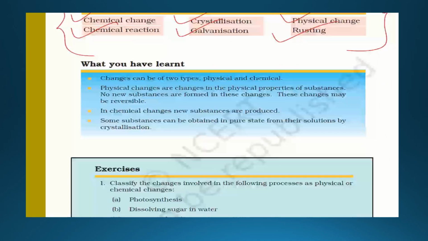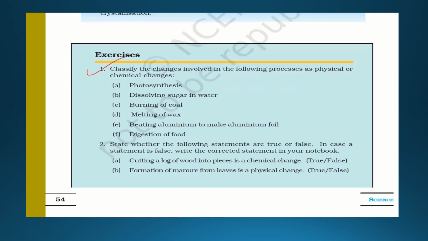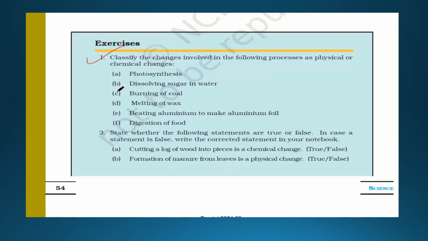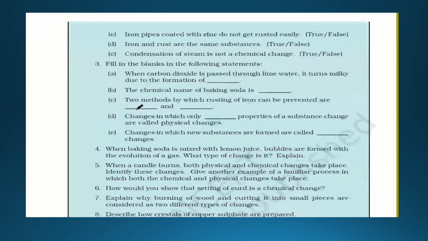So you just need to do these exercises, or whatever exercises you have in your textbook. If you want to do these exercises, pause the video, go through the first page once and then go through the other parts of the exercises again, so that you can fill in the blanks. You can also do the 'what type of change is it, explain' questions.